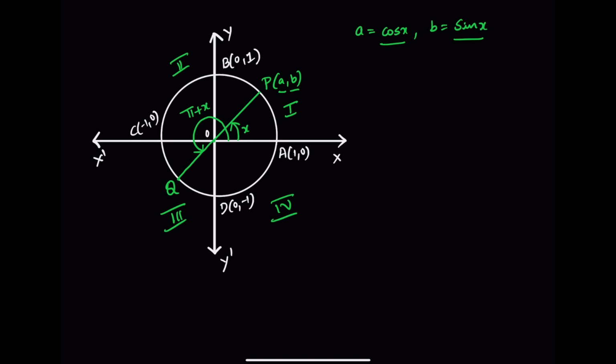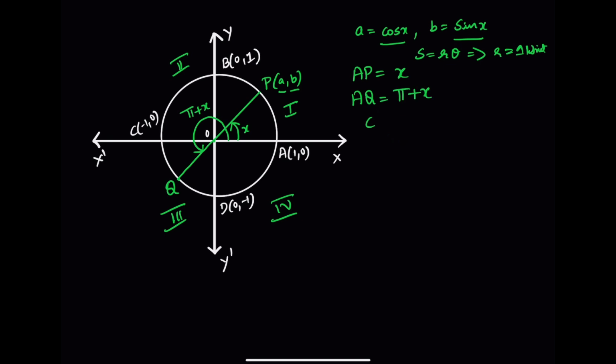So now we have to find the values of trigonometric functions at pi plus x. So we know the angle formed by arc AP is x. So AP is equal to x because s is equal to r theta, and here r is equal to 1 unit because it's a unit circle. Now we know that the arc AQ forms an angle of pi plus x.